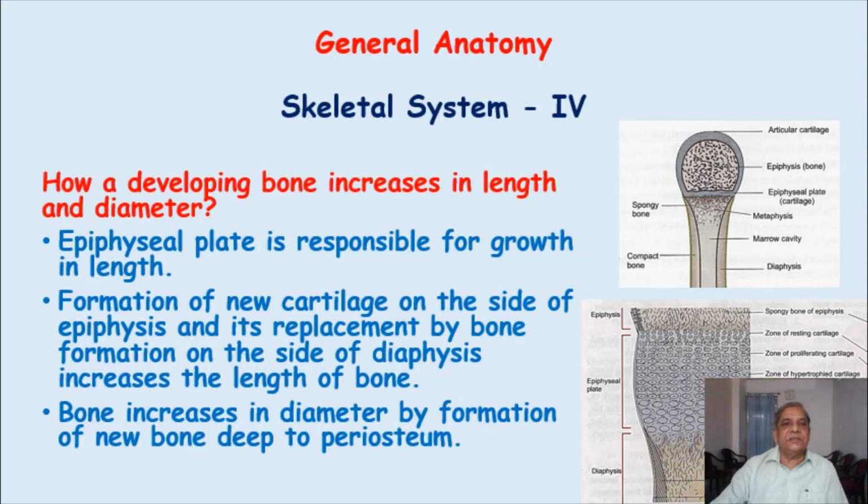Now in this slide, you can see the question: how does a developing bone increase in length and diameter? I will put the pointer at the epiphyseal plate. This is the epiphyseal plate, which is placed between the bone formed by the epiphyseal center, the spongy bone at the end, and the diaphyseal bone, which is formed by the primary center.